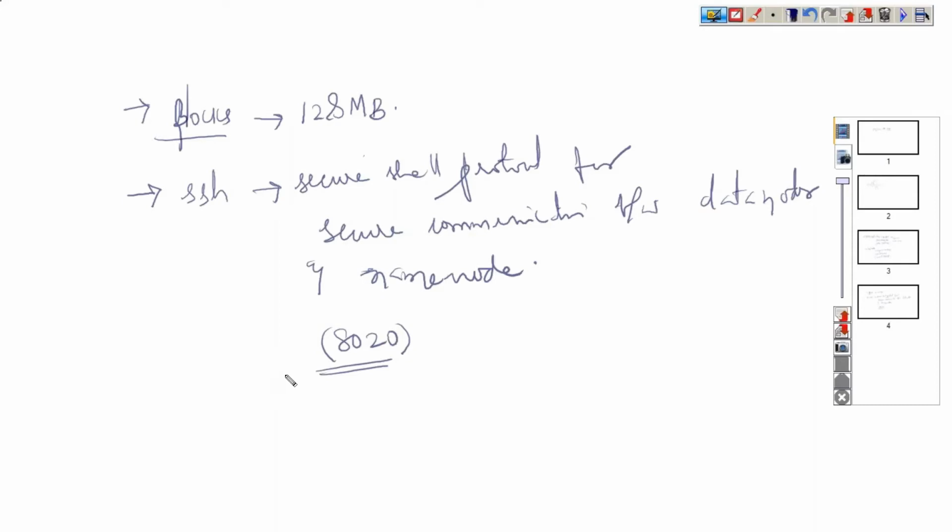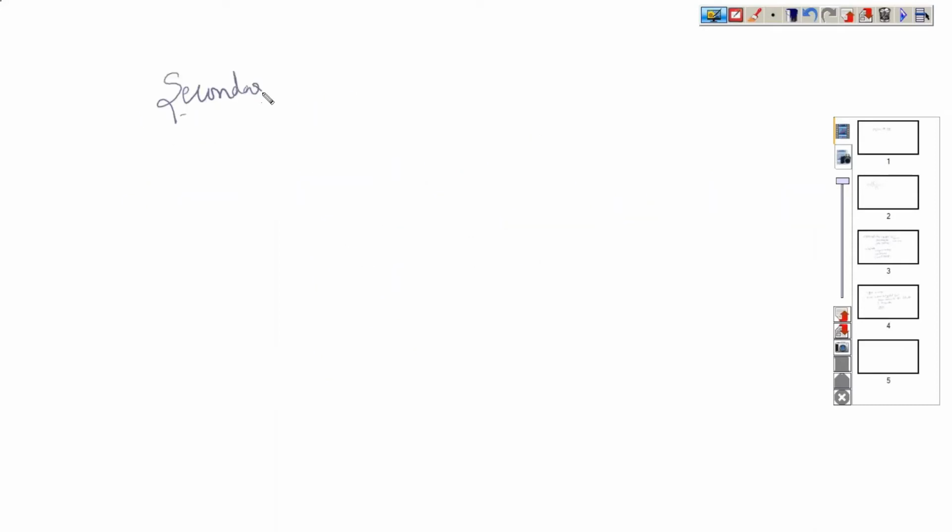Now we shall discuss the secondary NameNode. I will introduce the secondary NameNode today. What is it and what is it going to do? Initially we discussed only two processes, the NameNode and the data node.